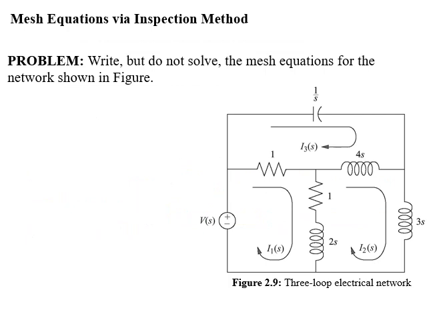Dear students, in the next example we are going to do mesh analysis for a system with 3 loops. The rules are the same as stated earlier. First of all, we'll replace all the passive elements with their impedances. In the second rule, we'll replace all the sources and time variables with their Laplace transforms.